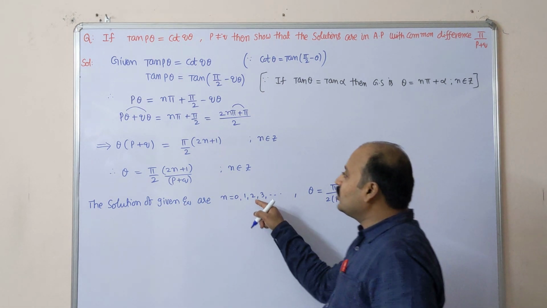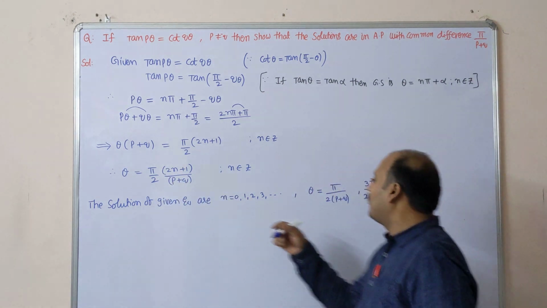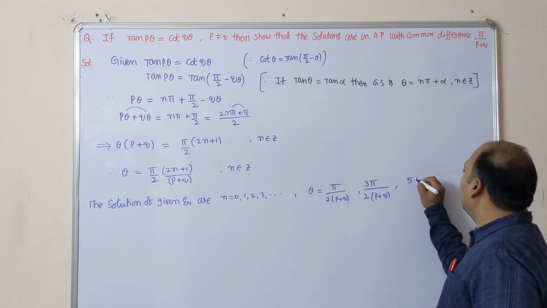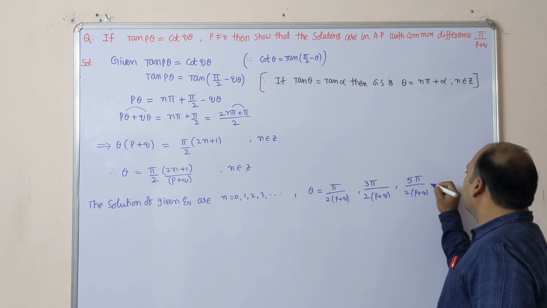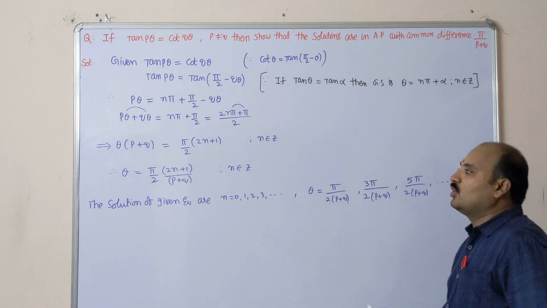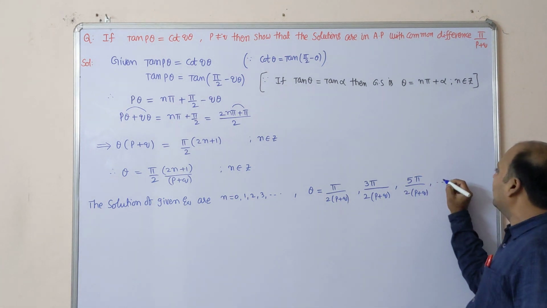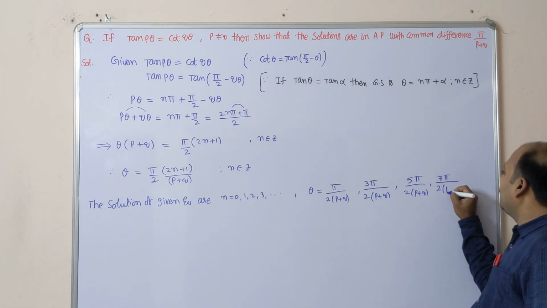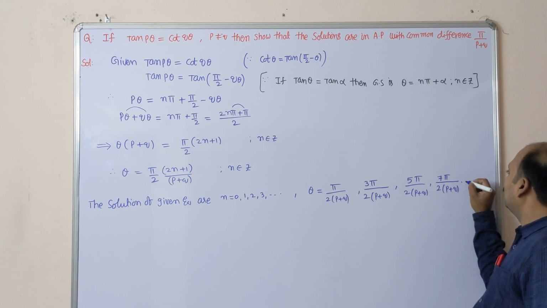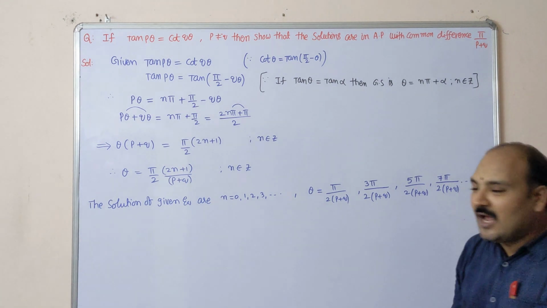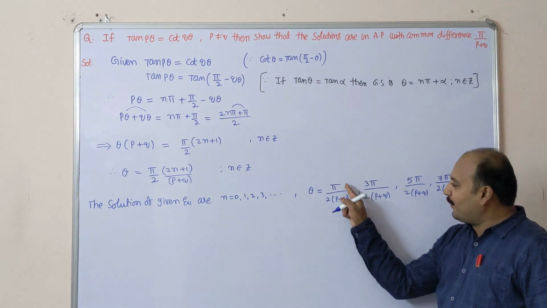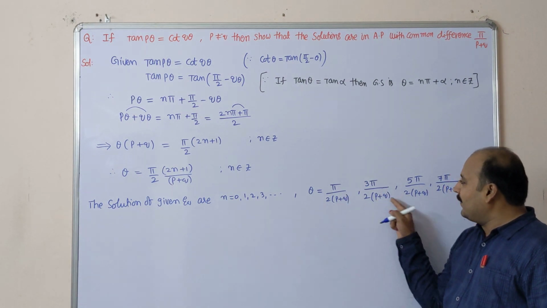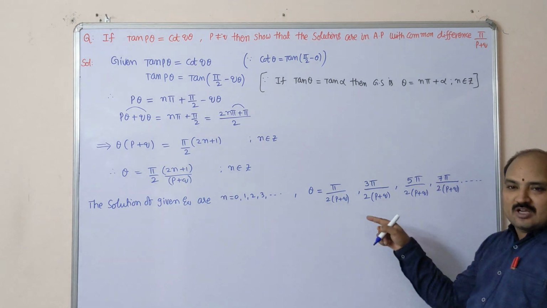N is equal to 2, substitute: 2 times 2 plus 1, 5. So 5 pi divided by 2 into p plus q. And so on. N is equal to 3, substitute: 7 pi by 2 into p plus q. By observing these solutions, pi by p plus q is the common difference.